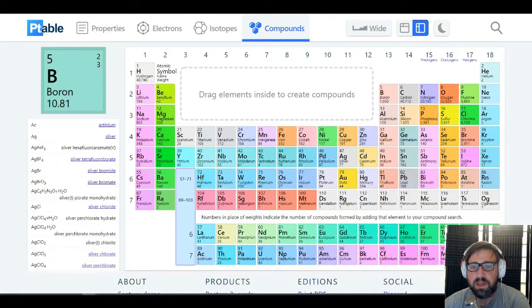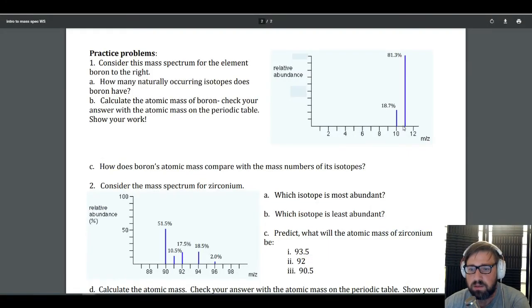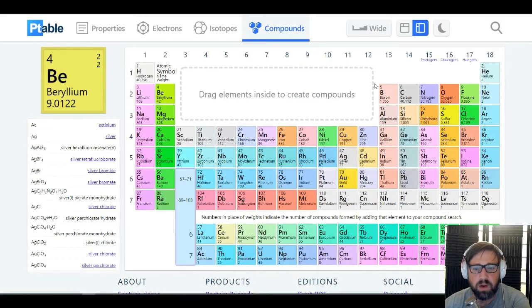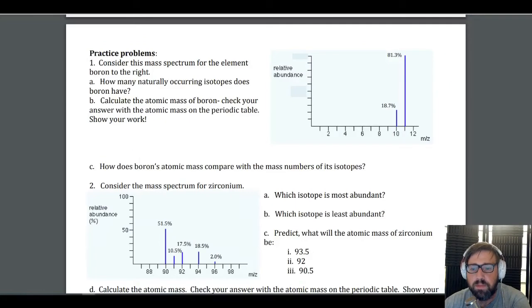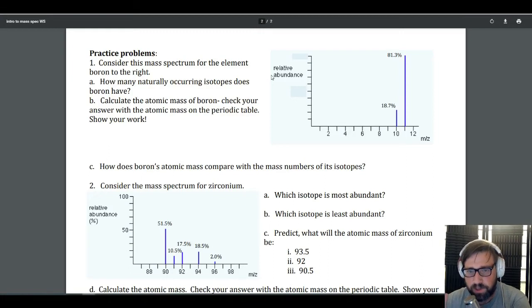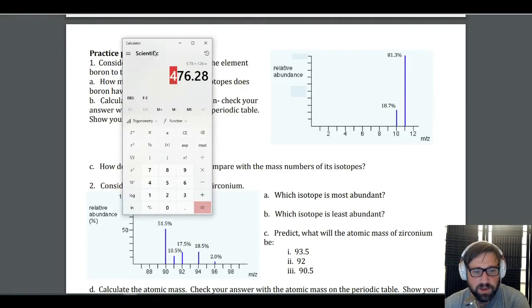Oh, no, I'm sorry, not 11.8. 10.8. So it's 10 to 11, 10.8. And if you look at boron, it is 10.8.